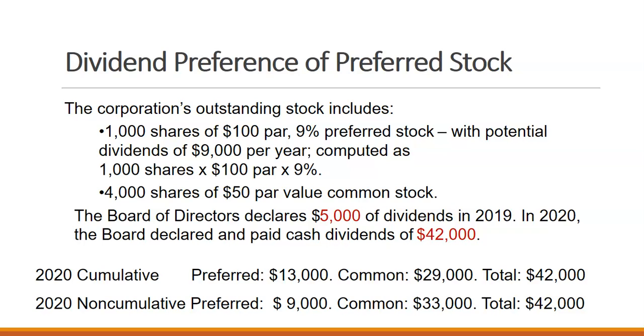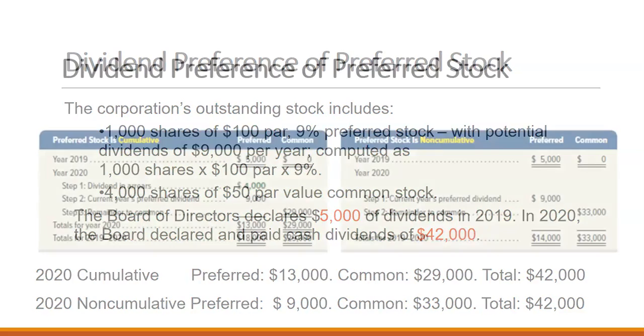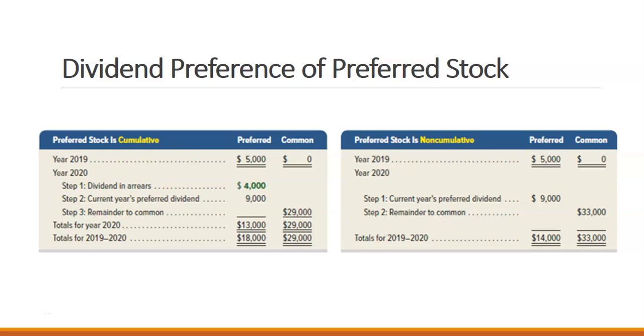We just pay whatever their yearly stock dividend is with the $9,000, and then the remaining goes to common shareholders. We will do examples of this in class. So we have this example of the cumulative versus the non-cumulative on this chart here.